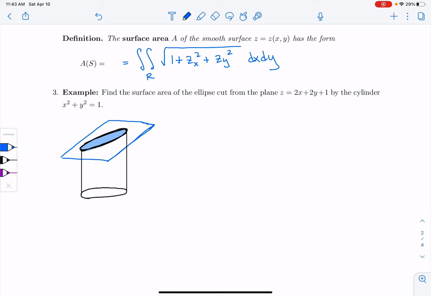You can imagine that elliptical region is like if I took a cylinder and sliced it off by the plane, and I get this elliptical region. It looks like the surface of maybe a tube of lipstick. So in order to find the surface area of that ellipse, I need to find the normal vector n.